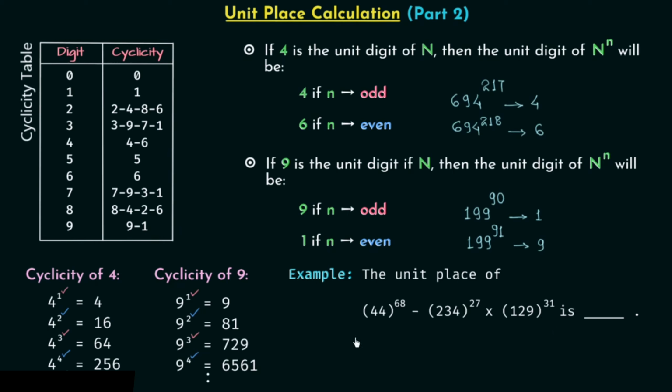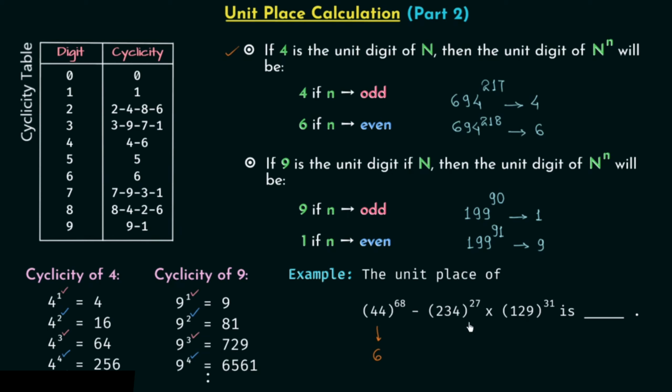So shifting our focus on 44 raised to power 68, 4 is there at the unit place of number 44. This means we are going to use this rule. The power is 68. This means the power is even. When we have even power, 6 is going to be the digit at unit place.